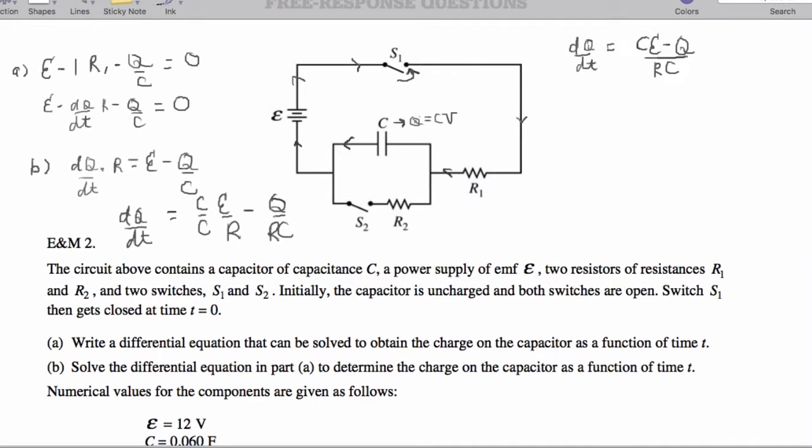And that's going to look like this. So I'm going to basically say that dQ over CE minus Q equals dt over RC.